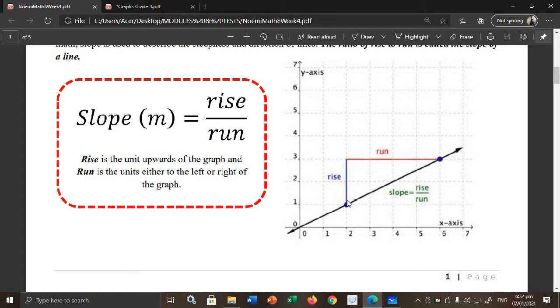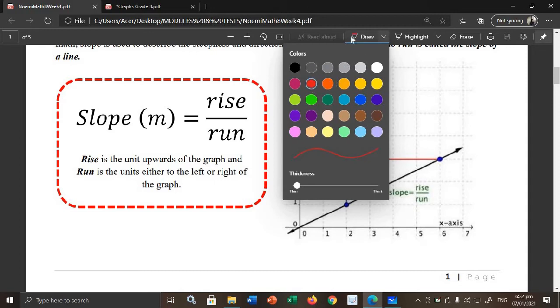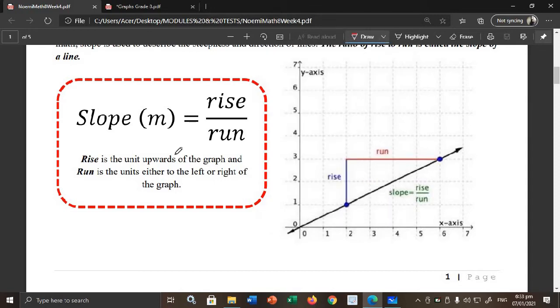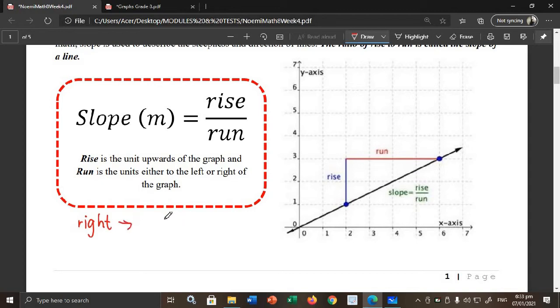So there is a condition po. Kapag yung run natin sa right, just like this example, yung value ng units na ilalagay natin sa formula to get the slope is positive.